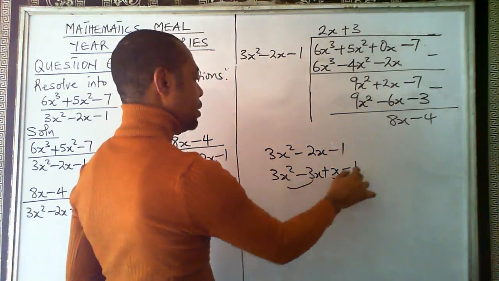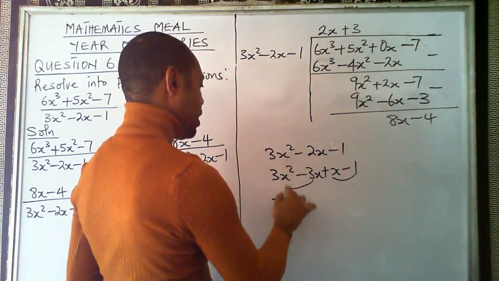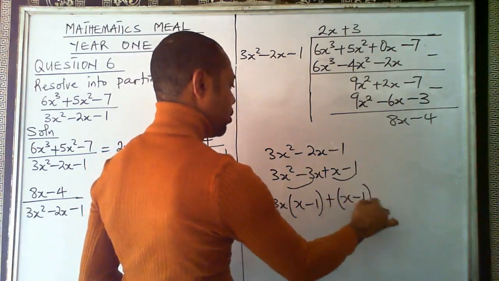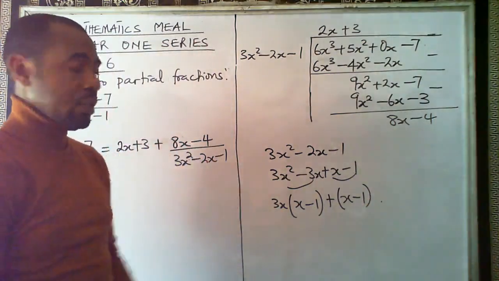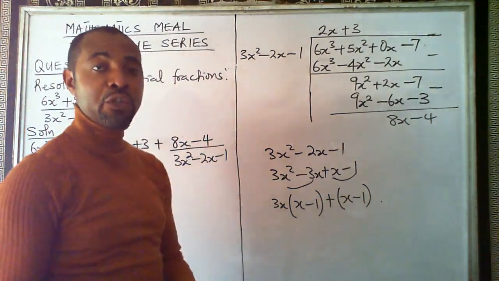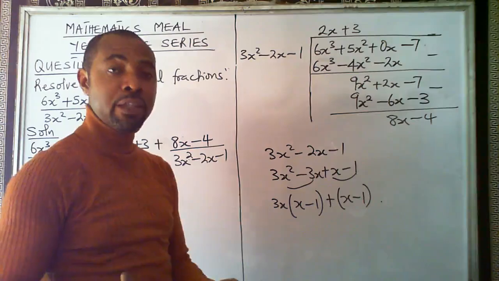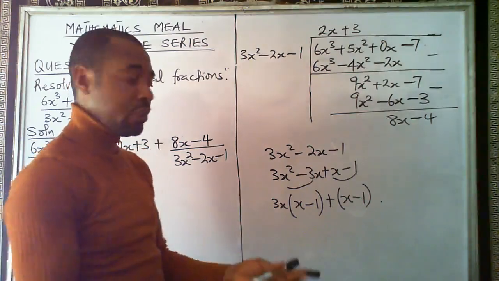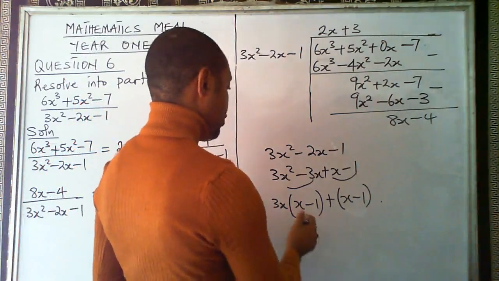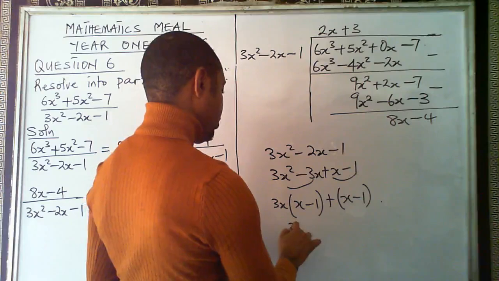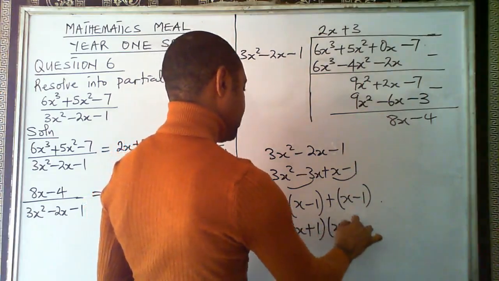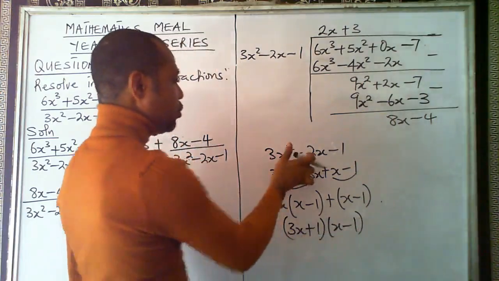So grouping this will give me 3x bracket x minus 1 plus x minus 1. We are not in a factorization class anyway. If you are still finding it difficult to factorize quadratic expressions, please tell us in the comment section, then we can show you how to do that. So if you complete the factorization, you are going to have 3x plus 1 into x minus 1. If you multiply these two, you arrive here.